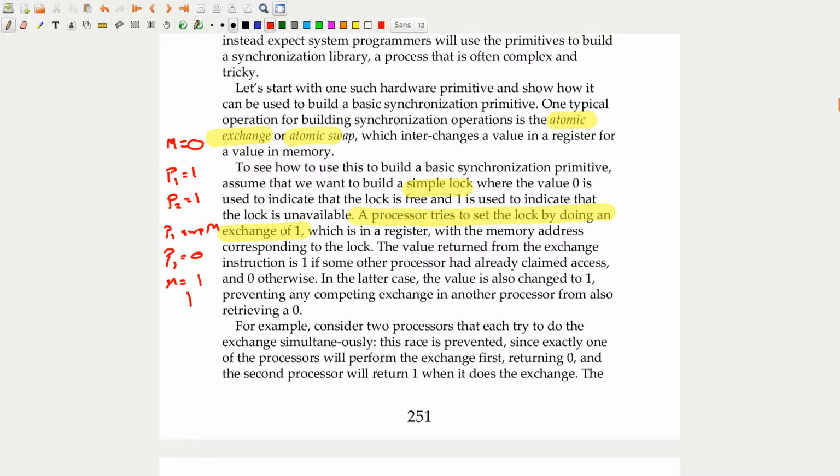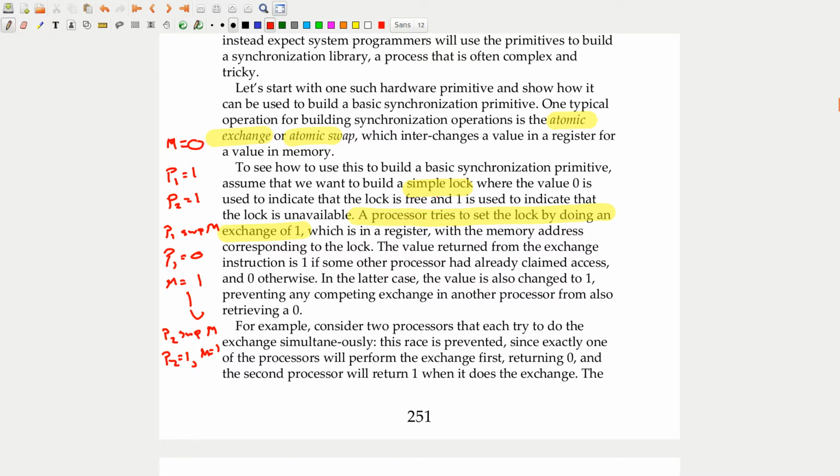Let's say further down the line, P2 comes along. P2 does the swap with M, but P2 is still equal to 1 now, and M is still equal to 1 now. What this tells P2 is that it didn't get the lock because it's not 0 yet, and M has the same value it had originally, so it doesn't change regardless.